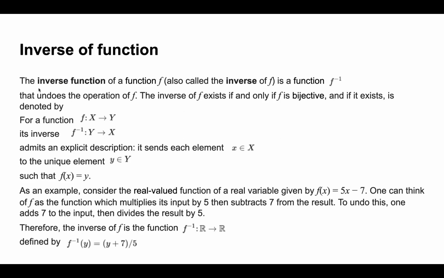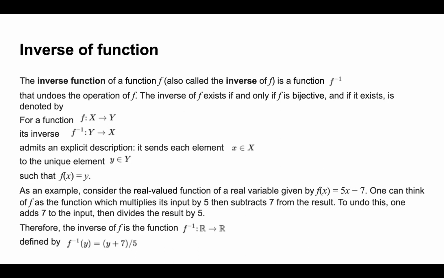It performs exactly the opposite function of f, so it is known as inverse. Whatever the function f has done, it performs the reverse process of that, undoing all those activities.